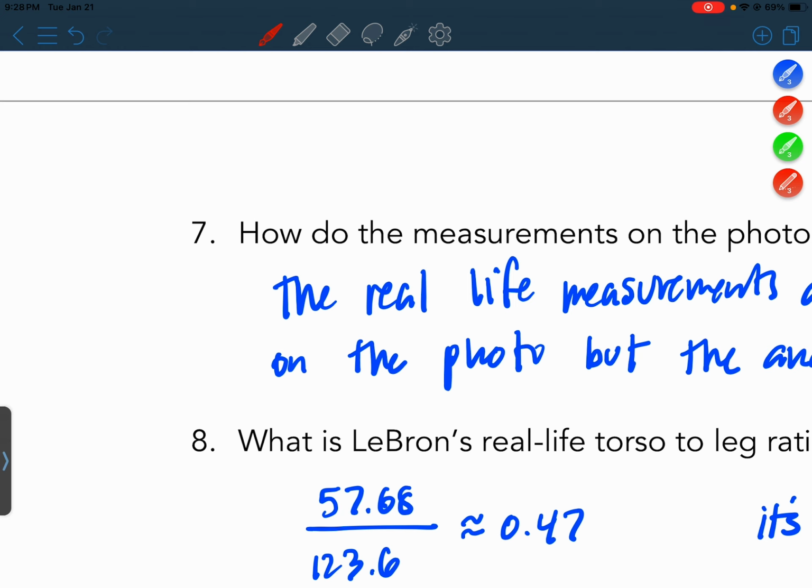So the sides, or the lengths, get scaled by our factor. Sides slash lengths get scaled by a factor, but the angles stay the same.